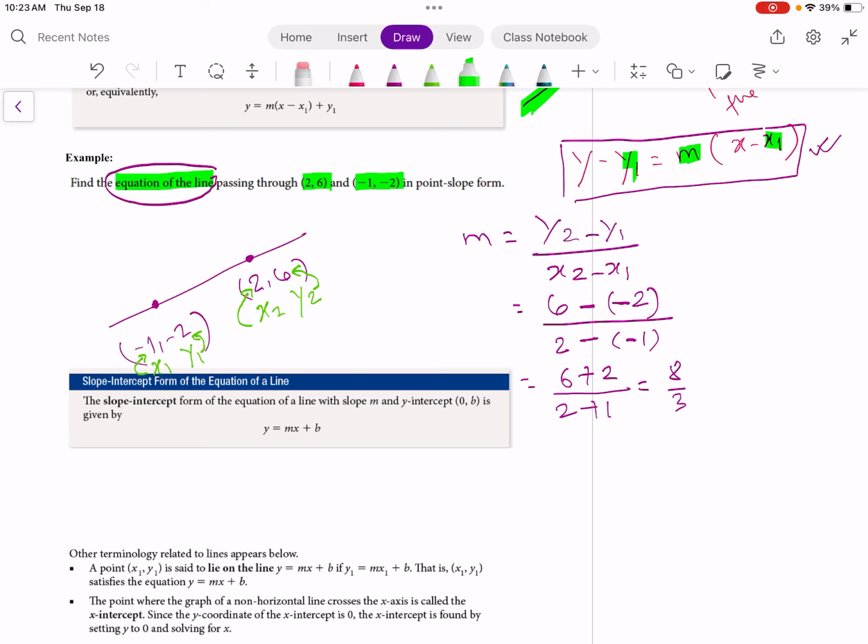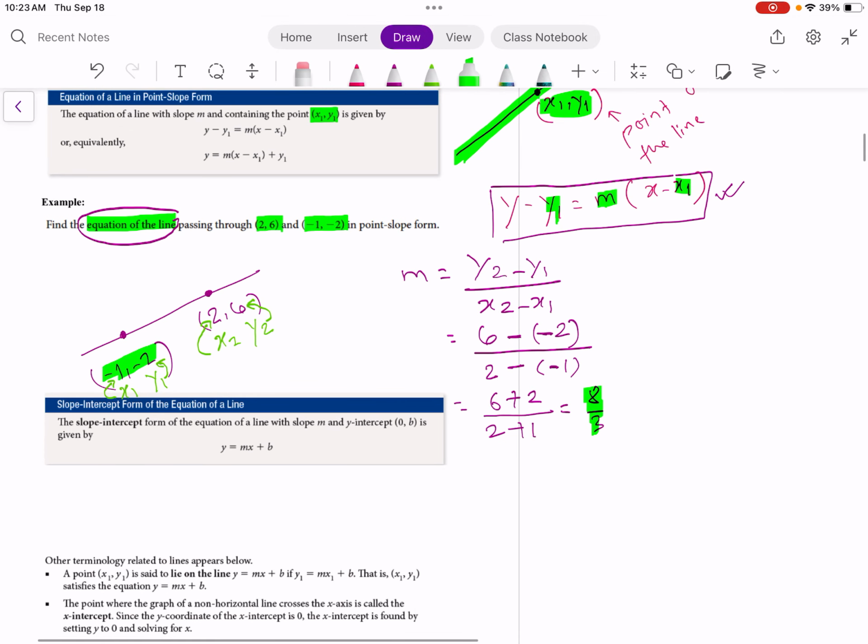Now here we have the slope of the line, and we know at least one point on the line. If this is the case, then we can use this equation to find the equation of the line. Let's go ahead and use this: y minus y1 equals m times x minus x1.